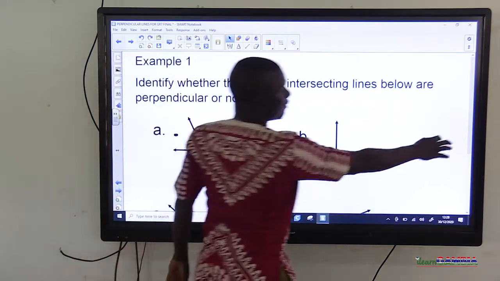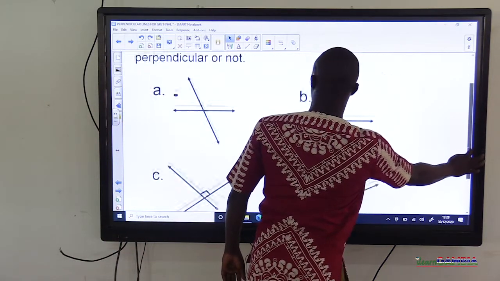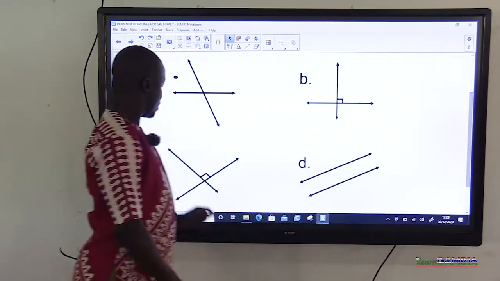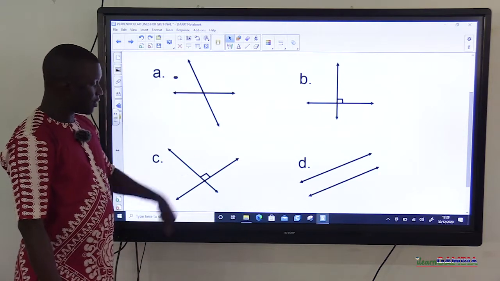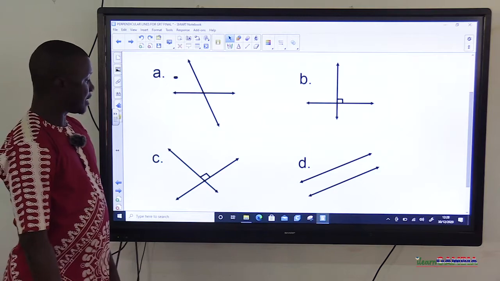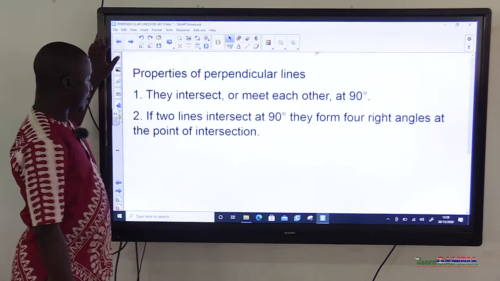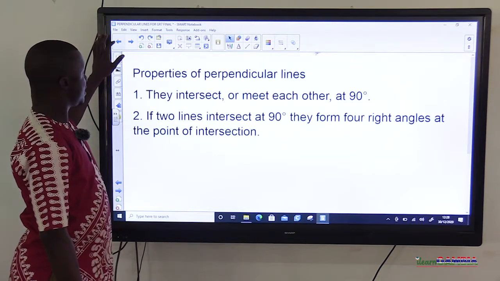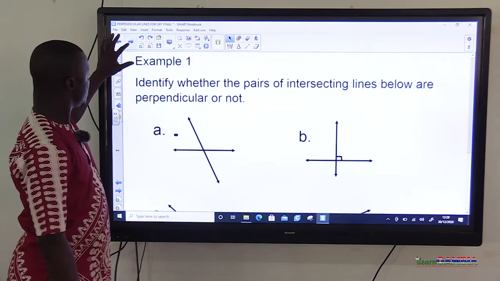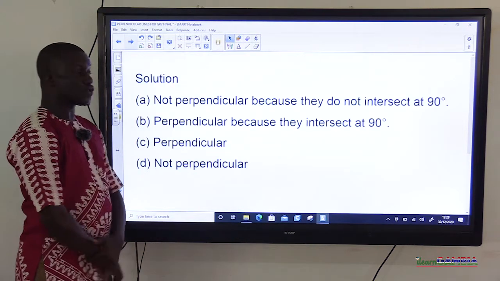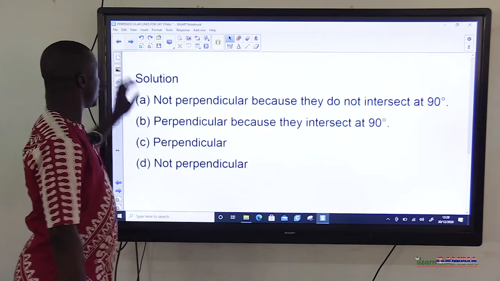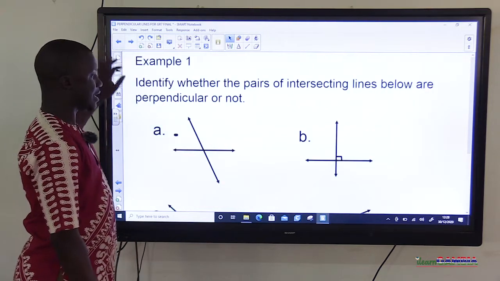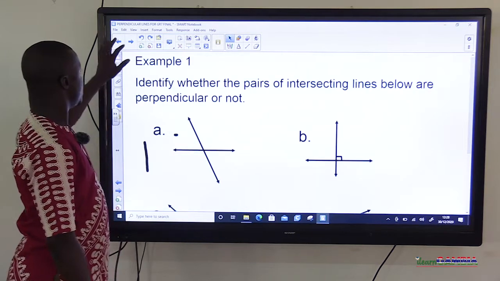As we said before, this is perpendicular because this is a right angle here, and obviously all the other angles are 90 degrees. And the last one, D, is not perpendicular. The two lines at D are not perpendicular to each other because there's no point at which they touch each other.